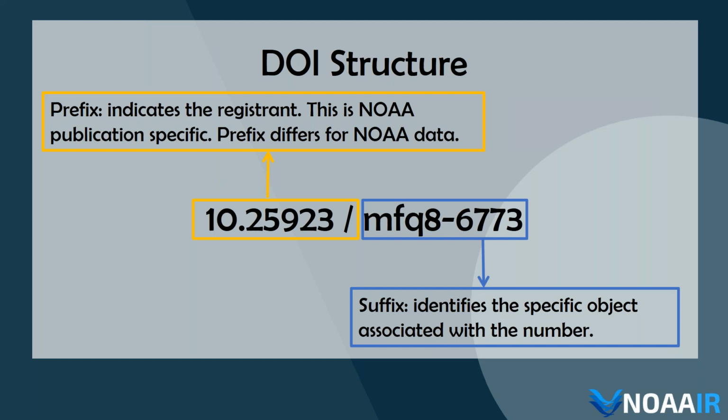That is a NOAA publication, NOAA specific. The prefix for data does differ. And then the second part is the suffix, and that indicates the specific object associated with this DOI. It's an alphanumeric number, and that refers to one specific item and one item only.